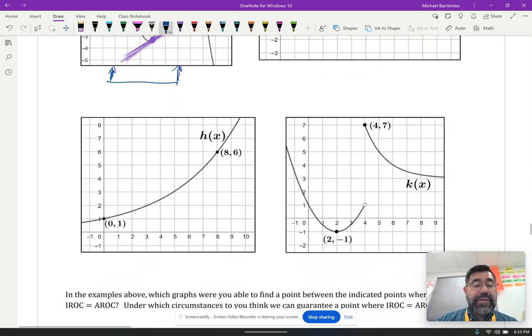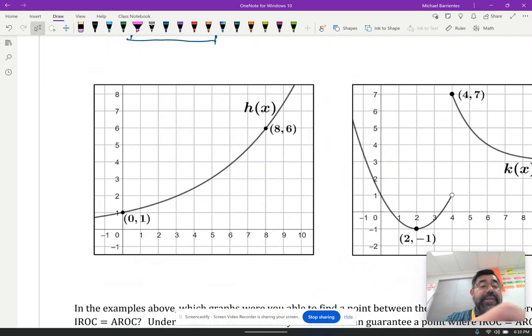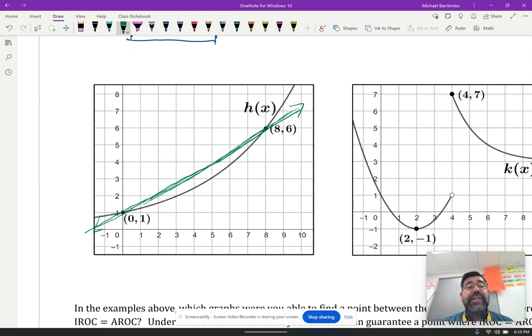I look at the one right under it, h of x, and we're going to do the same thing. As best as I can, I'll draw my secant line. It looks something like this. The slope of this green line is the average rate of change, the slope of the secant line. But is there a point, maybe right here, where the line just skims the curve at that one point and has the same slope as the green line?